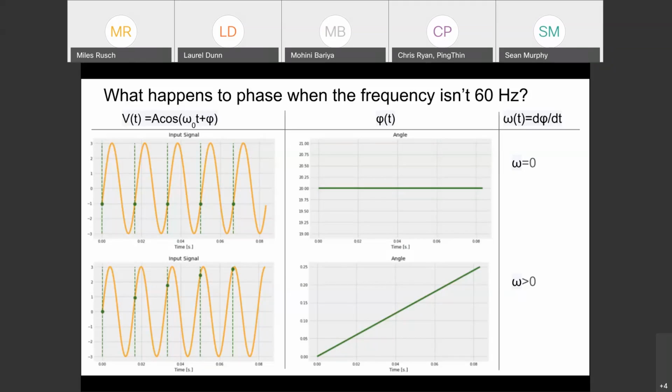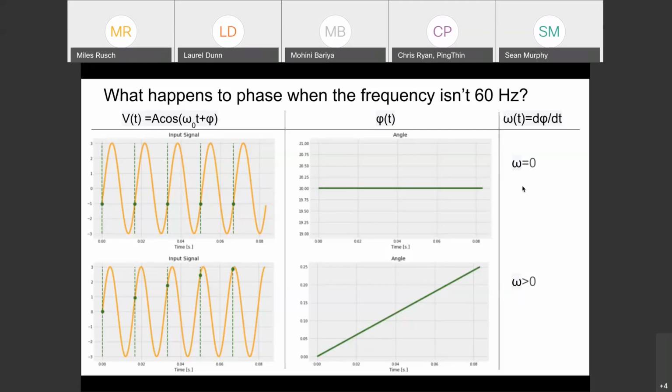And when we take the derivative of phi of t to obtain frequency, we're going to get that the frequency is zero. And this makes sense because what we really mean by omega is the frequency deviation from 60 hertz. So since our original signal is at 60 hertz, it makes sense that omega is zero.